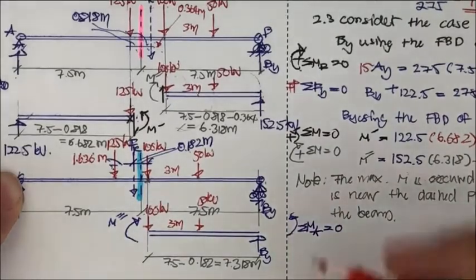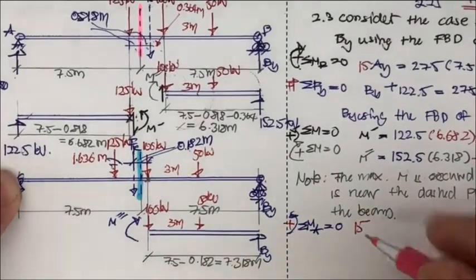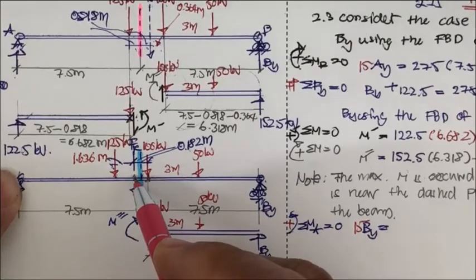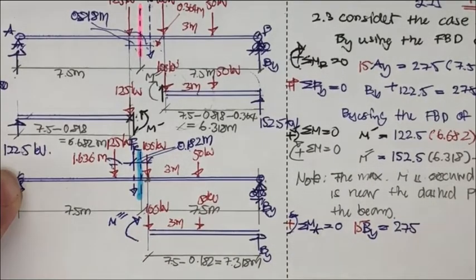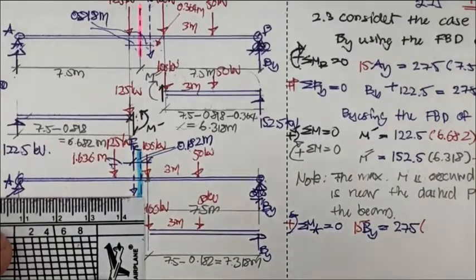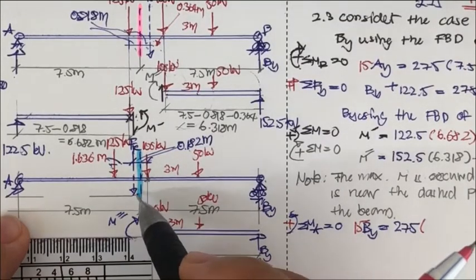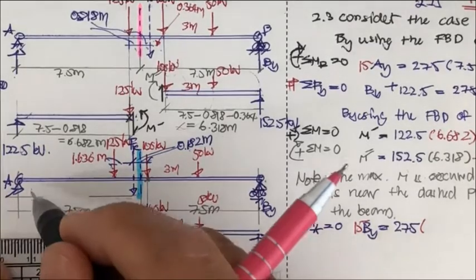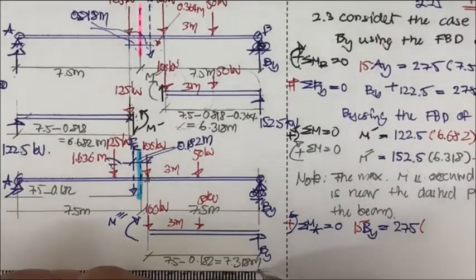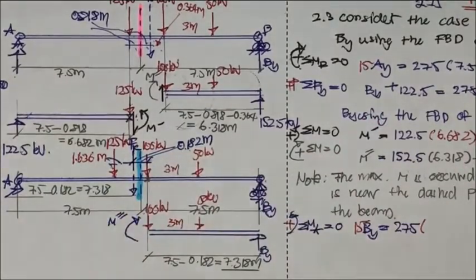Then the rotation of this is going to be positive, and it's going to be 15 times B sub y, and it's going to equal F sub R, so 275, times this distance measured from the F sub R to point A. So this is 7.5 minus 0.182, which is the same as this one, and it's going to be equal to 7.318.